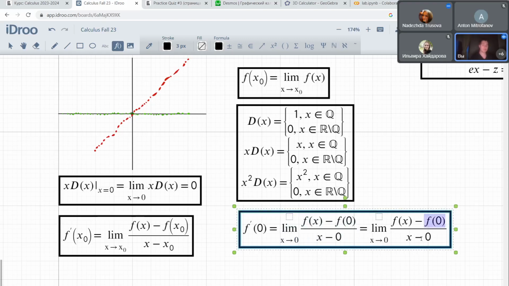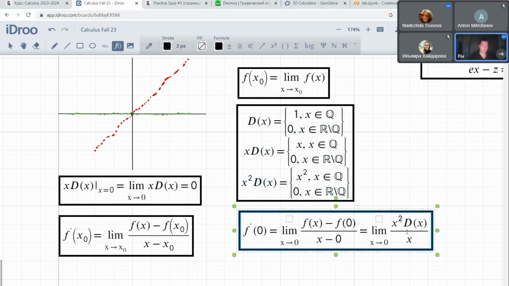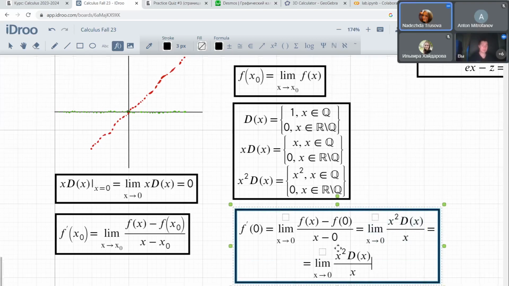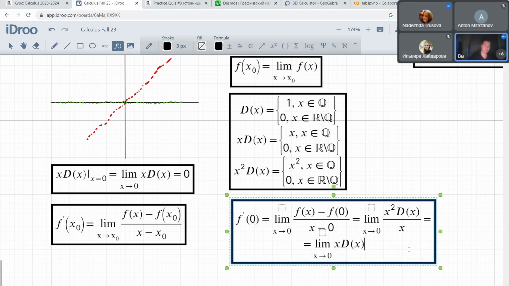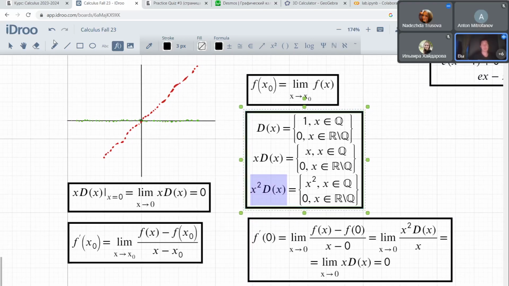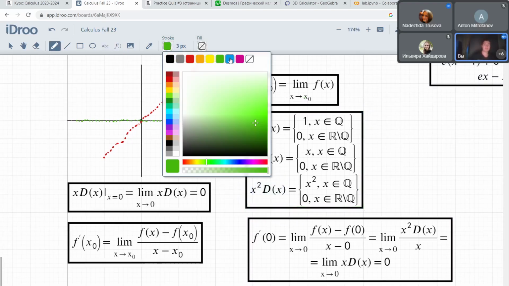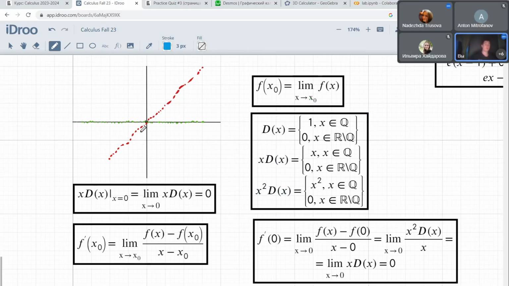We know that this is 0, this is 0, and this expression can be easily simplified to the well-known function x·D(x). We know that it tends to 0. So that's why we have a real derivative for this function. This function has a derivative at the point 0, and that's the only point of differentiability.